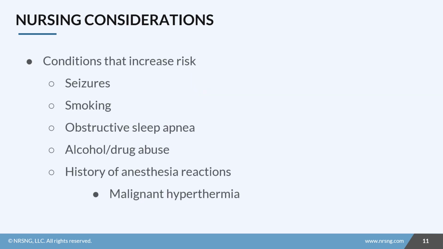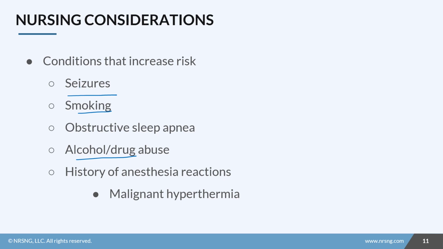Additionally, pre-existing conditions like a seizure disorder, also smoking, obstructive sleep apnea, and alcohol and drug abuse can all increase the risk of complications. Also, patients that have chronic renal, hepatic, cardiac, or respiratory conditions are also at an increased risk postoperatively.